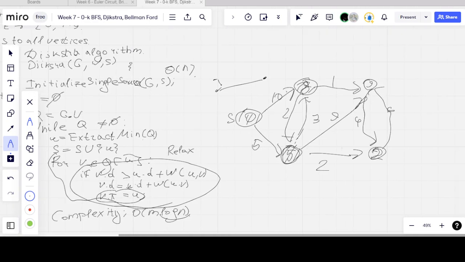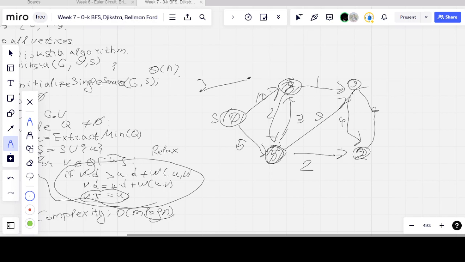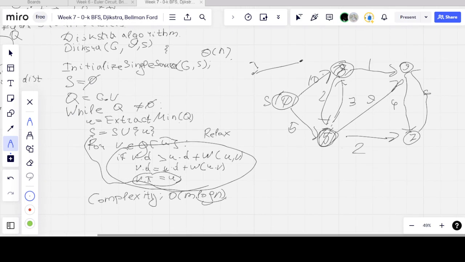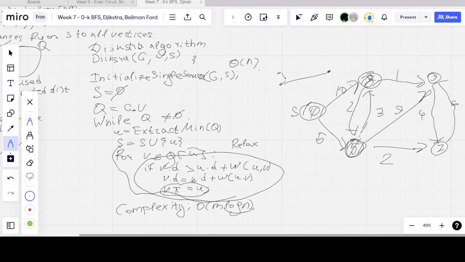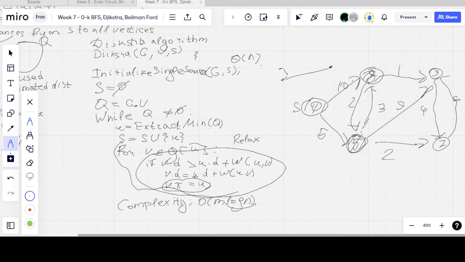Do you have questions? This was the idea of Dijkstra's correctness.